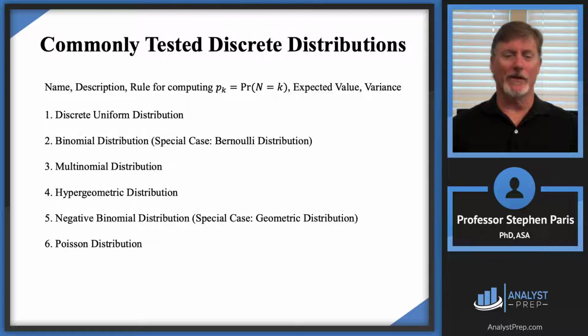The binomial and the negative binomial are not related. They're different types of distributions. A special case of the negative binomial distribution is the geometric distribution. And above that, number 4, there's the hypergeometric distribution. Oh, well, those must be related. No, they're not.